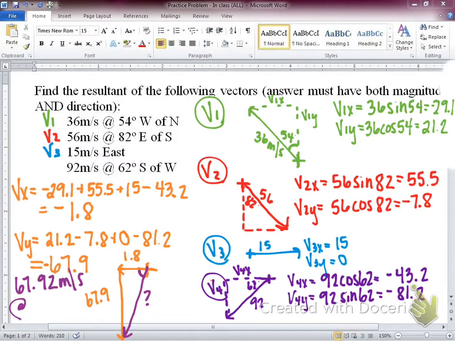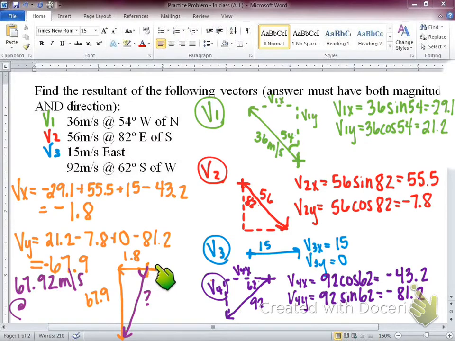Our resultant is not much larger than one of our components, right? That makes sense because we've got a really small x component here. So go ahead and include that next decimal place. Don't round to make it equal. Include one more decimal place so we can see that it's a little bit larger than our component.